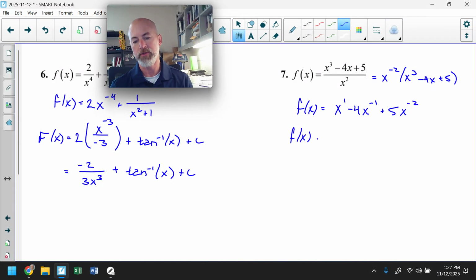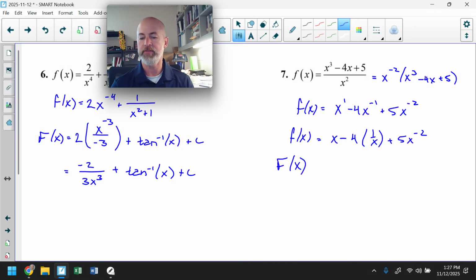And so I'm going to rewrite that as 4 times 1 over x, because if I write it that way, I now see the 1 over x, which I recognize as the derivative of the natural log of x. So I'm going to apply the power rule now. The antiderivative of x is x squared over 2 minus 4 times the antiderivative of 1 over x.